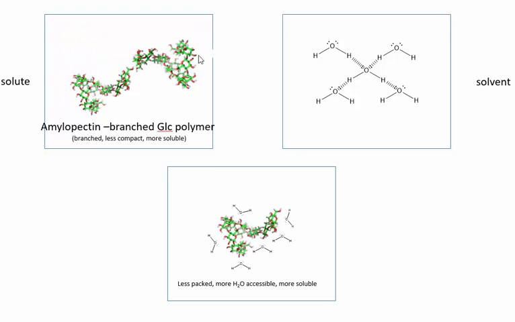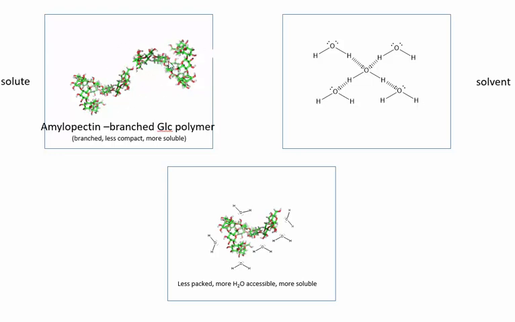But if we take a branched polymer of glucose, the branching makes it less compact, with less internal hydrogen bonding between those linear strands that we saw in cellulose. In fact, this is more accessible to water. So water can form hydrogen bonds with this very readily. It's a very polar molecule. So water is ready to give up this hydrogen bonding network because it can form a lot of hydrogen bonds here, and they're accessible to each other.